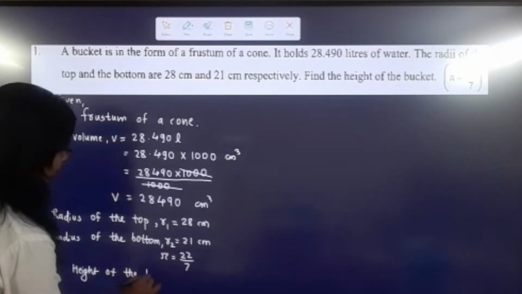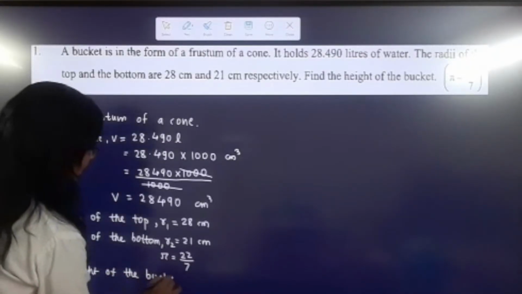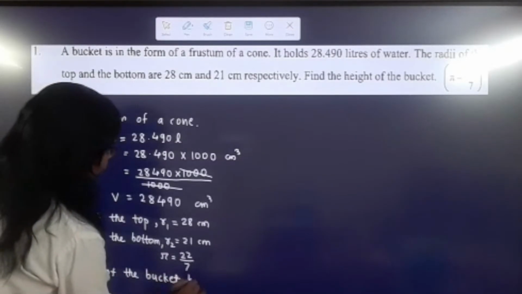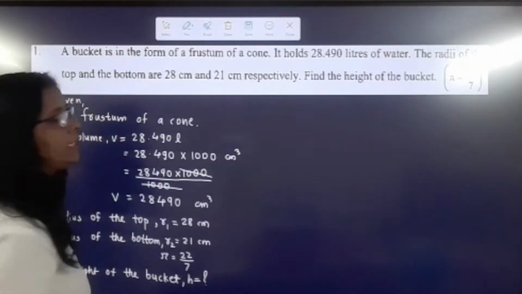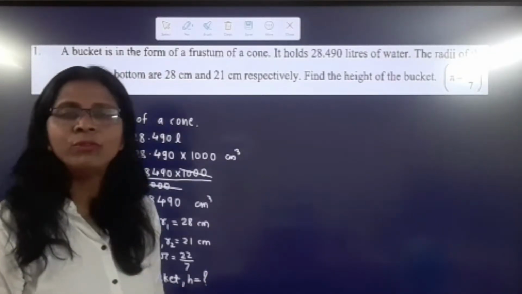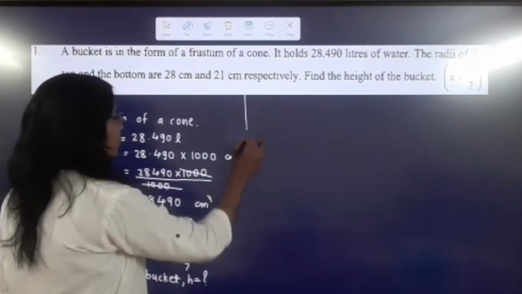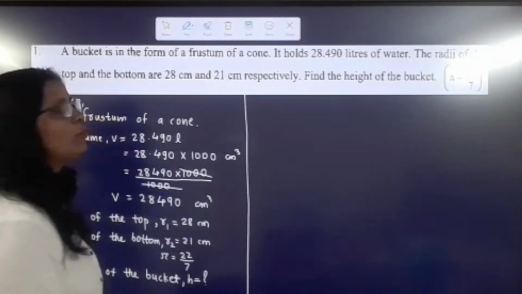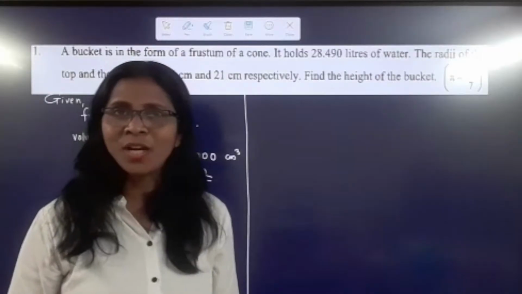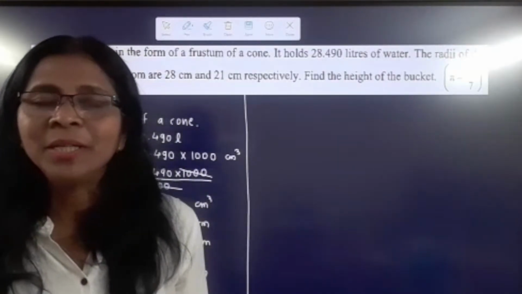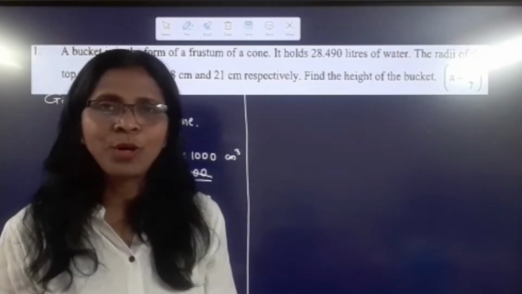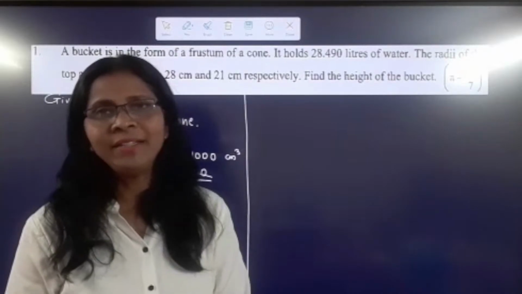So now, students, the height of the bucket: it is an example of the frustum of a cone. If you know the formula for the frustum of a cone, then you can easily solve this example. But if you don't know this formula, then you can't solve it.